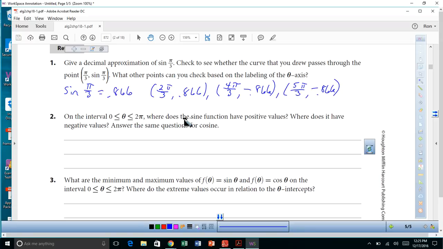pi, where does the sine function have positive values? Where does it have negative values? And answer the same thing for cosine.